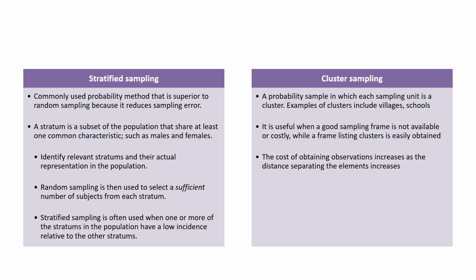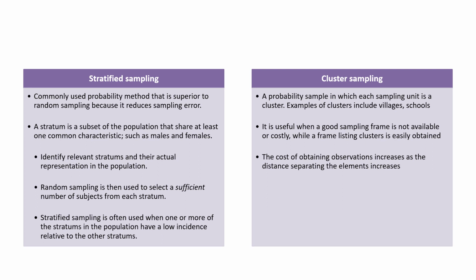to the other strata. You could also have clustered sampling, which is a probability sample in which each sampling unit is a cluster. Examples of clusters include villages or schools, and even households can be clusters. It is useful when a good sampling frame is not available or is costly.